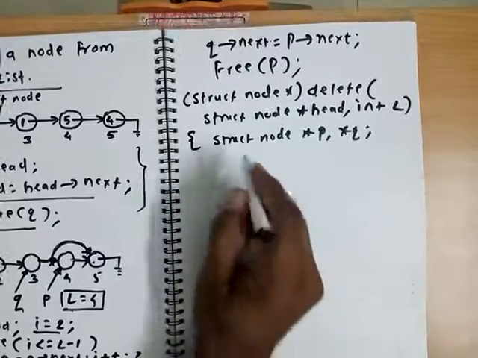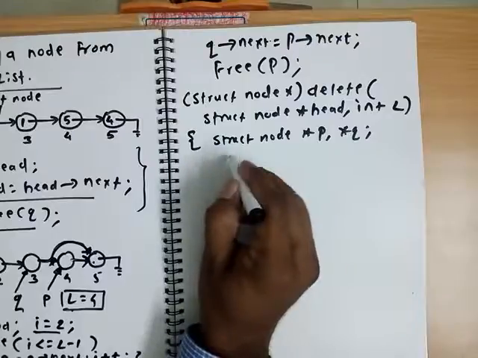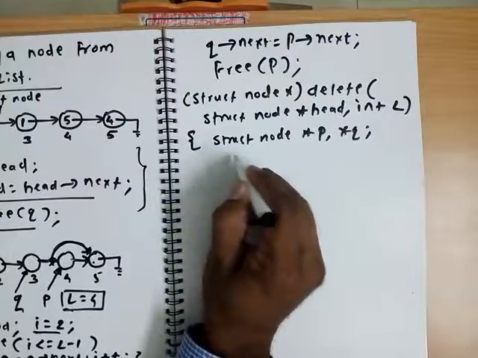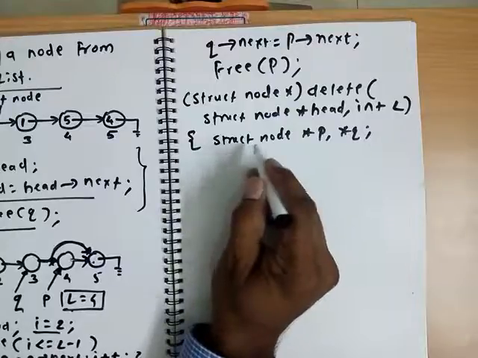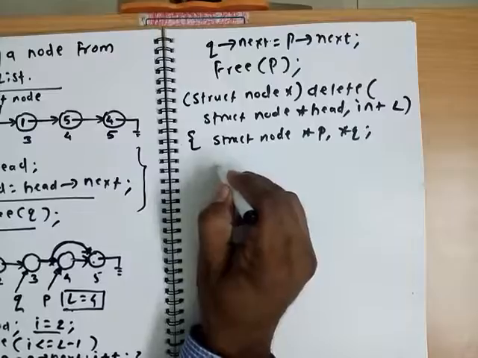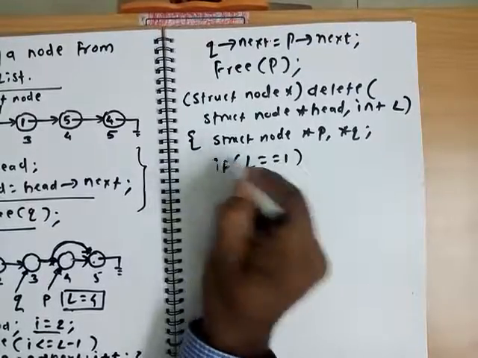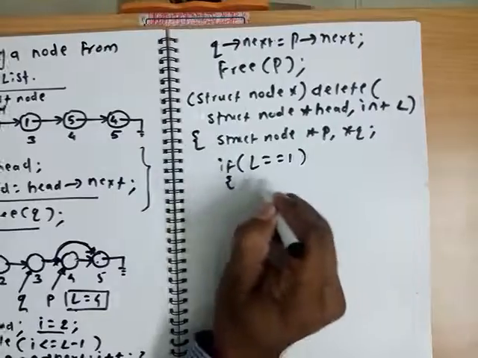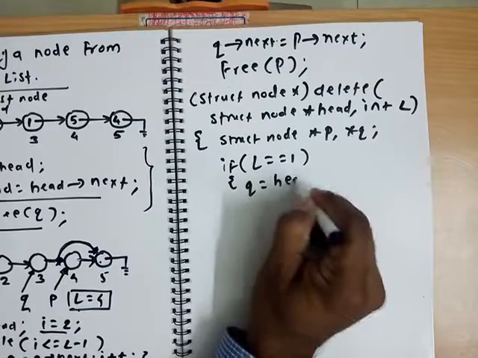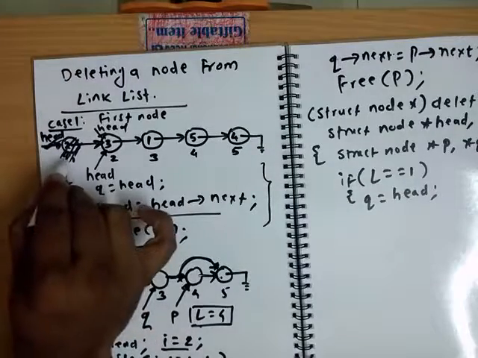Now initialize Q to the head node, right? Or before initializing this Q, let's check the position of deletion. If L equal to 1, that means if the position of deletion is 1, what we'll simply do is take Q equal to head.